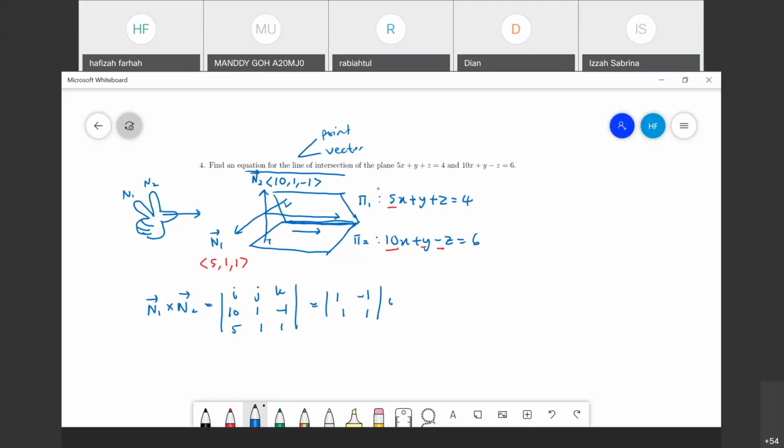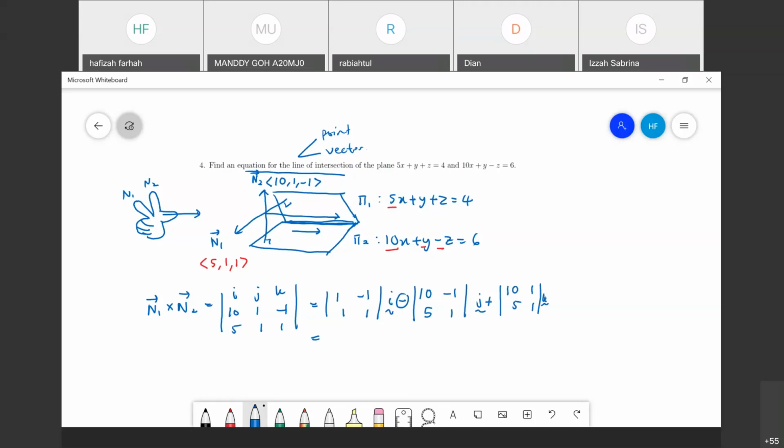So find the determinant and then minus. Don't forget the sign, it must be negative for j. So this will be 10, negative 1, 5 and 1. And the last one is for k, it will be 10, 1, 5 and 1.